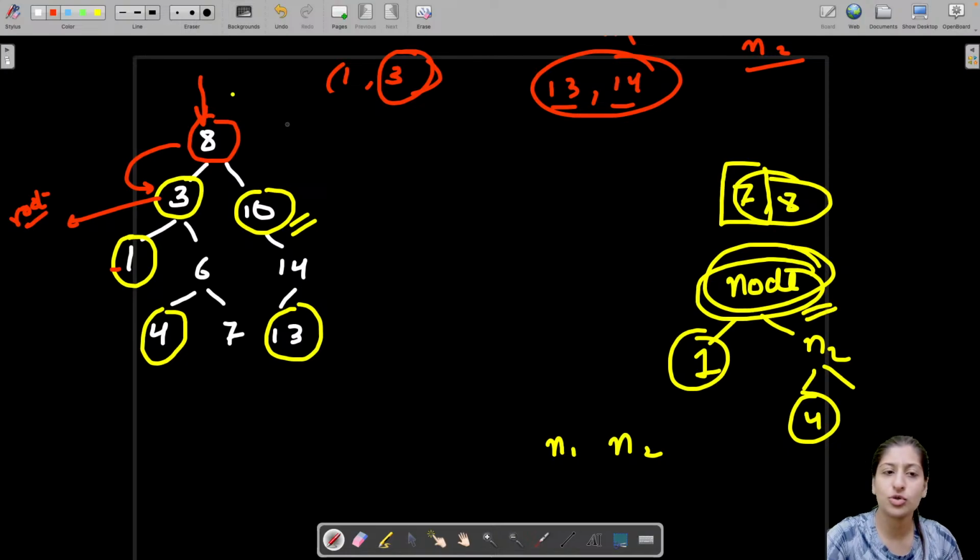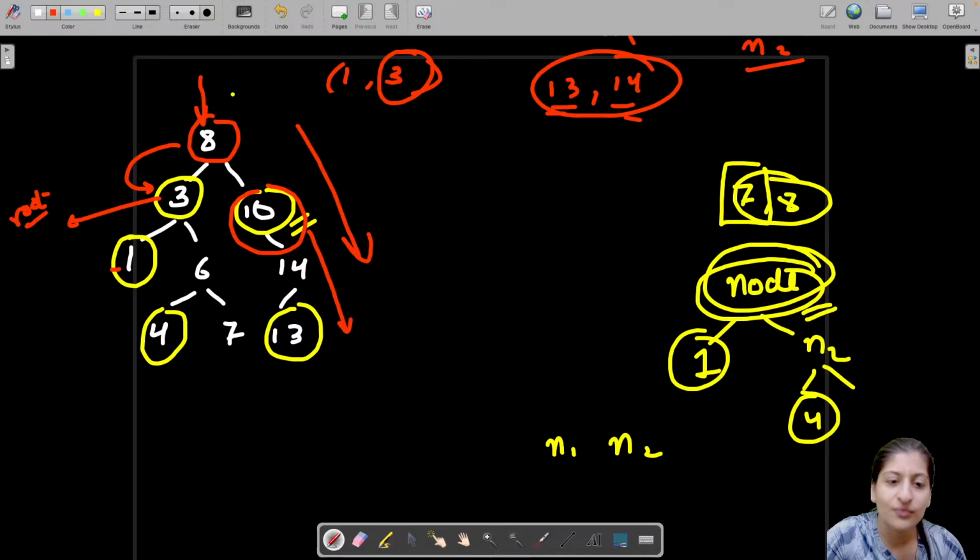So one thing is for sure, it is going to lie somewhere in the right of 8, because it's a BST and it will follow that property of a binary search tree. So I go to the next right node of 8, which is 10. I check that still both the nodes are greater than this node, and obviously 10 is not one of them. So I go further. I know that I am going to find it in the right of 10. Then I land at 14. I realize that it is one of the nodes that I was searching for. So I return this root value, root.data.